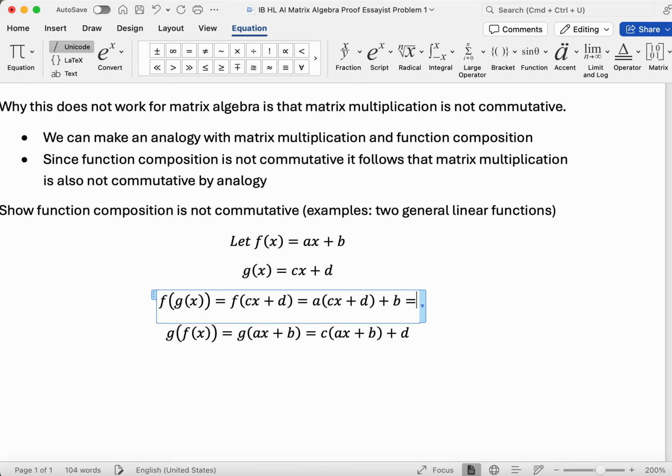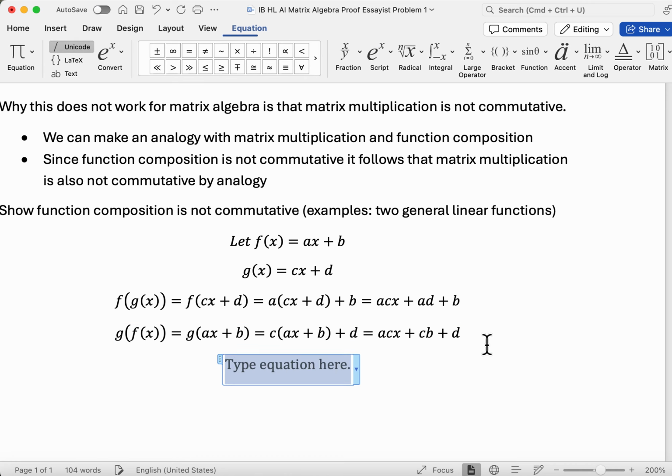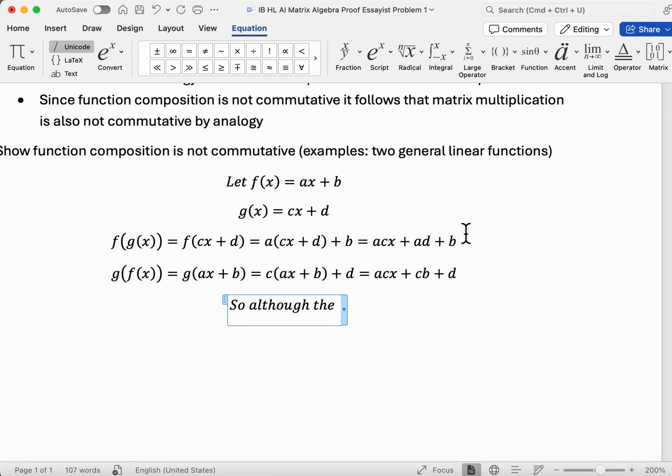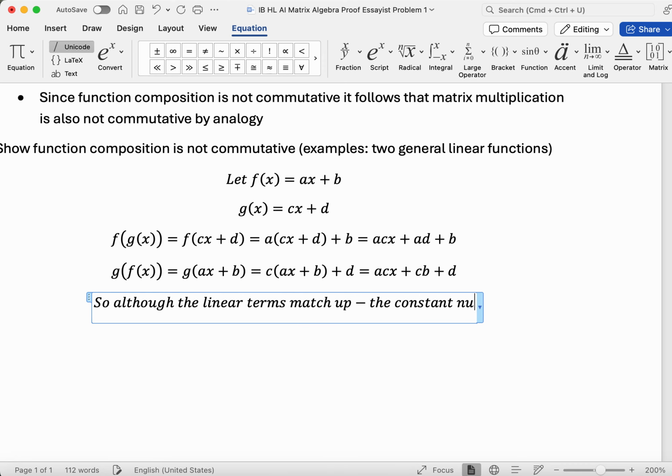I can do a couple of simplifications here. I'll get acx plus ad plus b. And here I'll get acx plus cb plus d. So although the linear terms match up, the constant numbers do not.